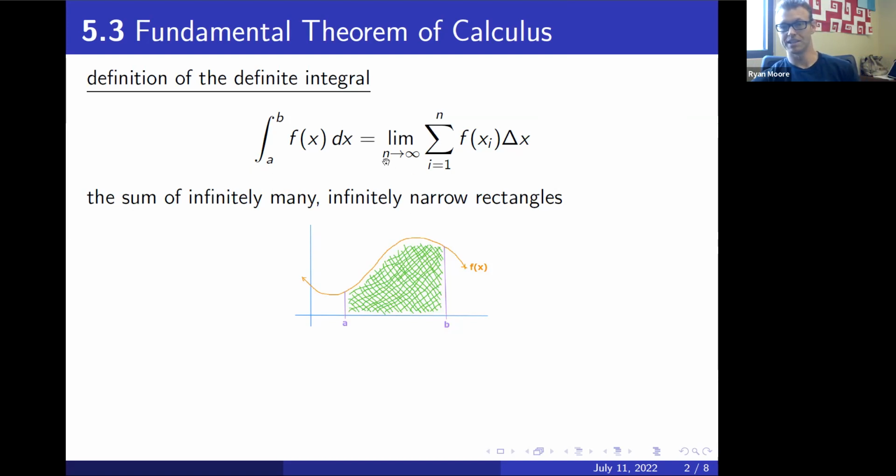Well, we're taking the limit as n approaches infinity for this summation of n terms. We're adding infinitely many terms, and those are the areas of infinitely many little rectangles. Of course, if they're infinitely many, they're infinitely narrow, but not zero, just infinitely close to it.